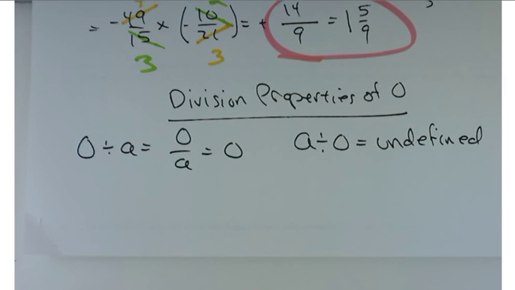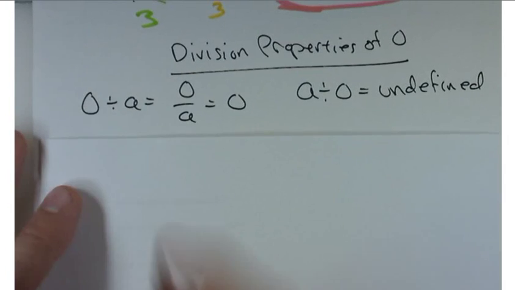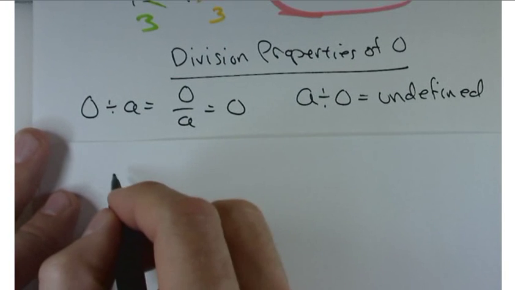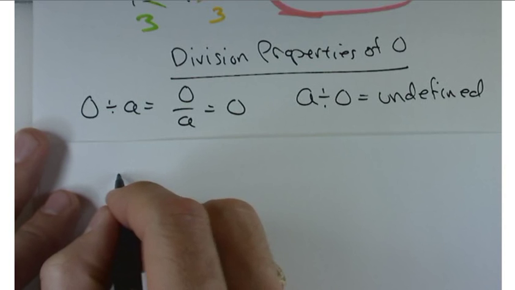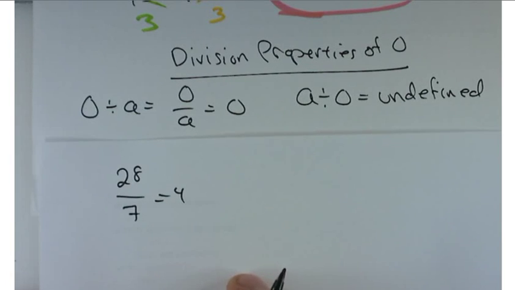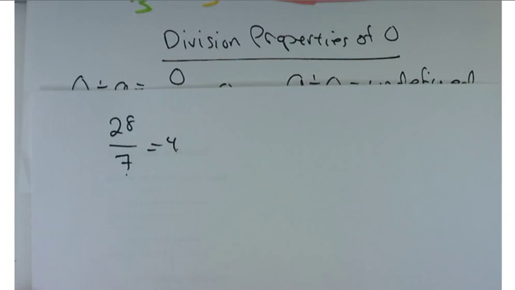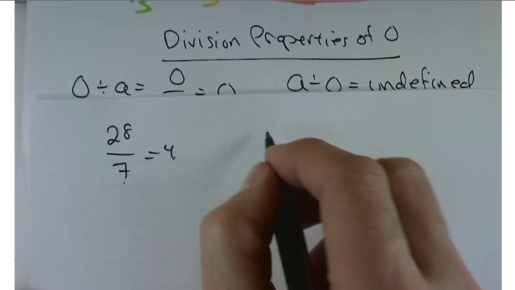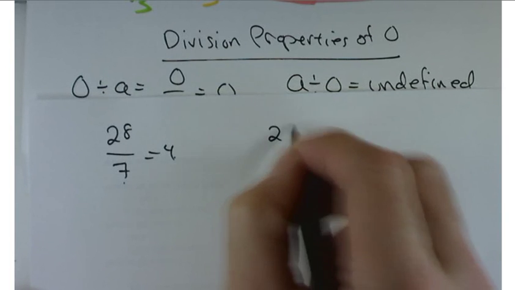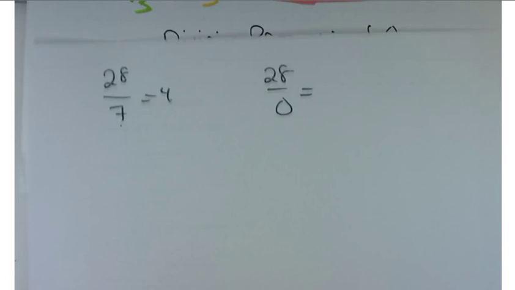I can give you a brief understanding of one of the problems with that. If you were to divide, say, 28 divided by 7 gives you 4. How can you check that? How do we know it's right? Well, 4 times 7 is 28, right? Suppose I took 28 divided by 0, and I said, oh, well, that's some number. We'll call it x.